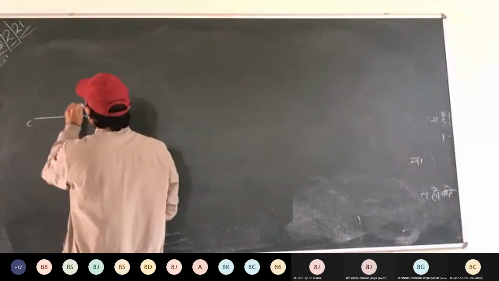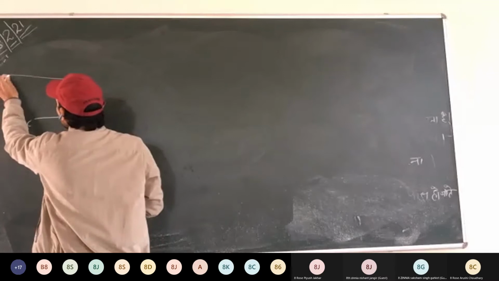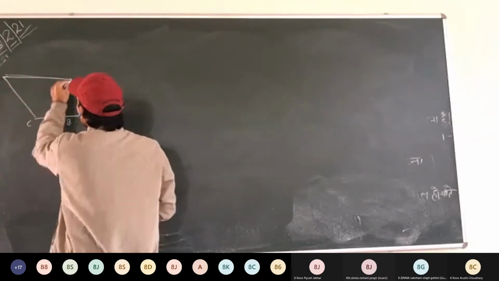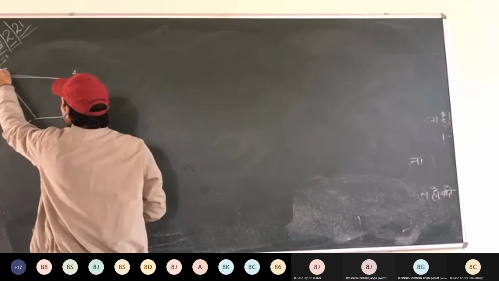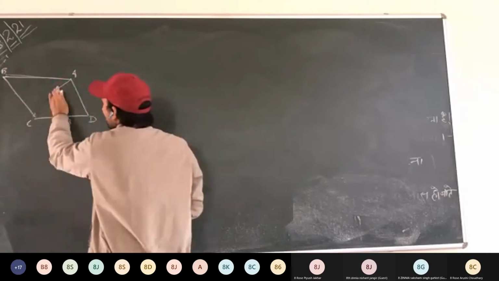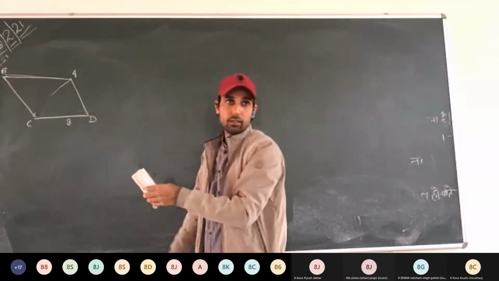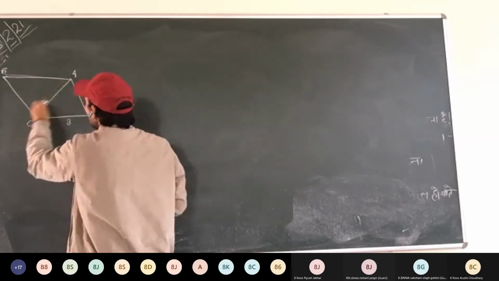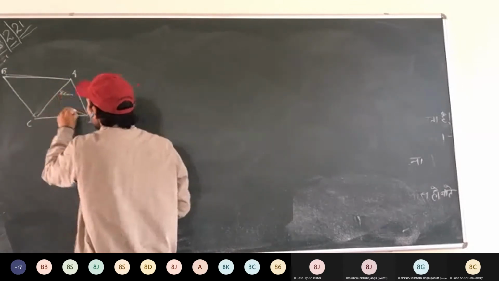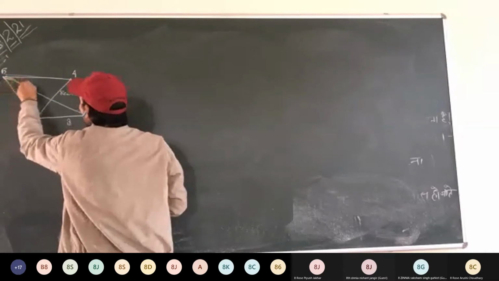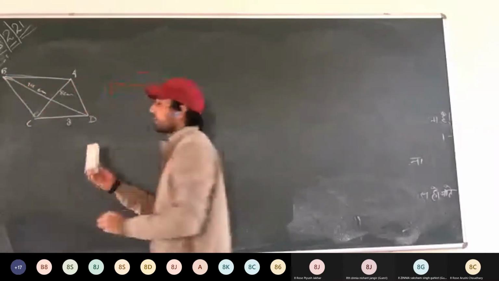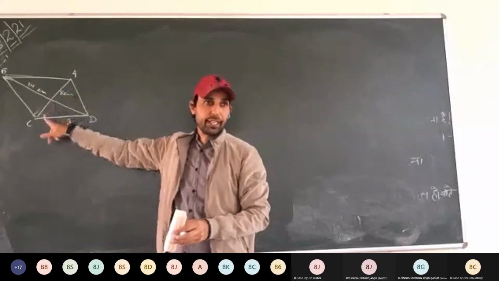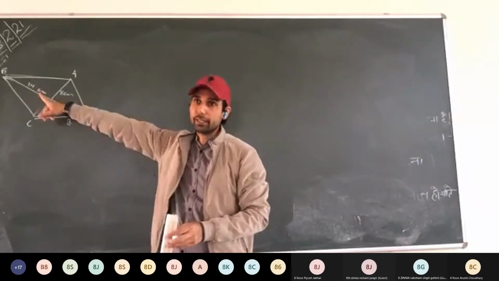See here. CD is 8 centimeters, BD is 14 centimeters. These are given.